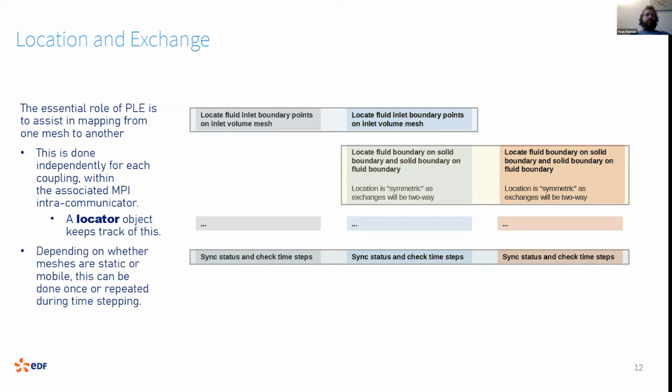And so the essential role of PLE is to assist in mapping from one mesh to another. This is done independently for each coupling. And we have a small, simple object, which we call a locator, which keeps track of this. Depending on whether meshes are static or mobile, this can be done once, or it can be repeated during time stepping.